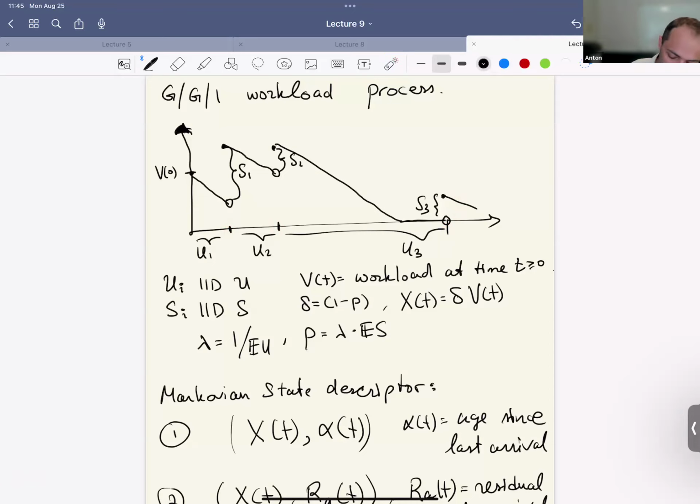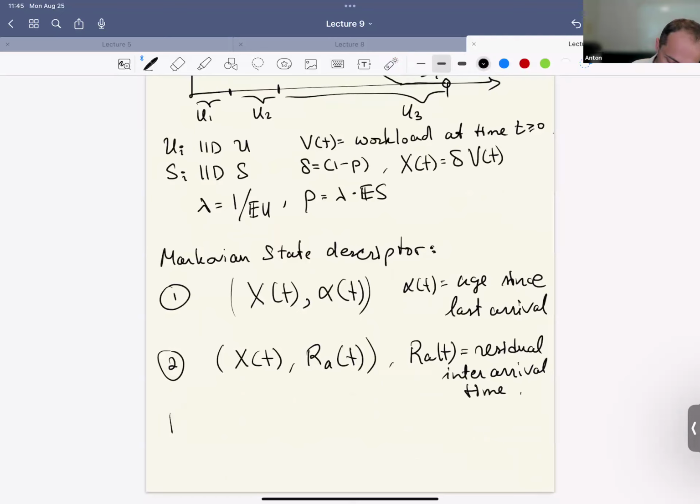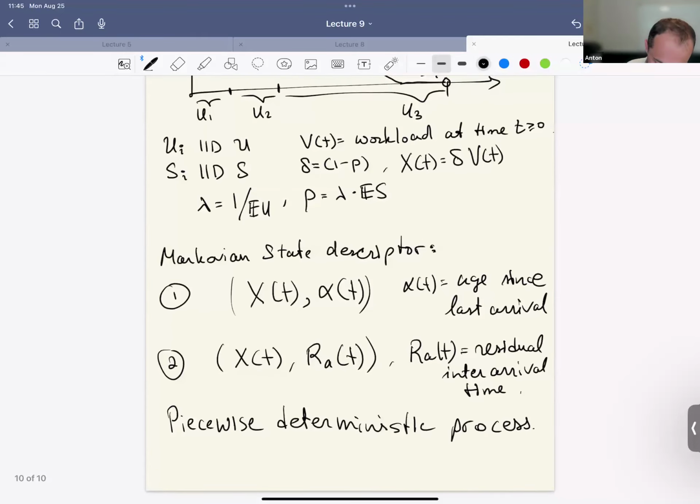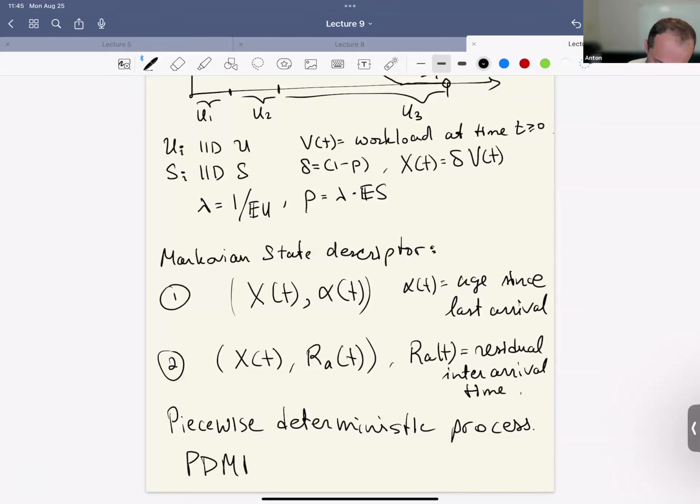And this is called a piecewise deterministic process, or PDMP.